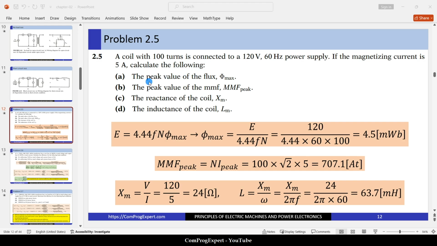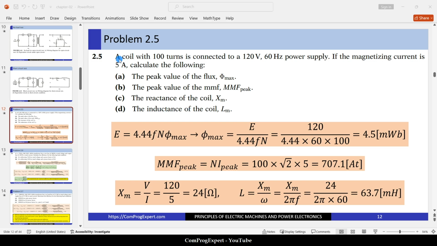A. The peak value of the flux, phi max. B. The peak value of the magnetomotive force. C. The reactance of the coil, Xm. D. The inductance of the coil, Lm.